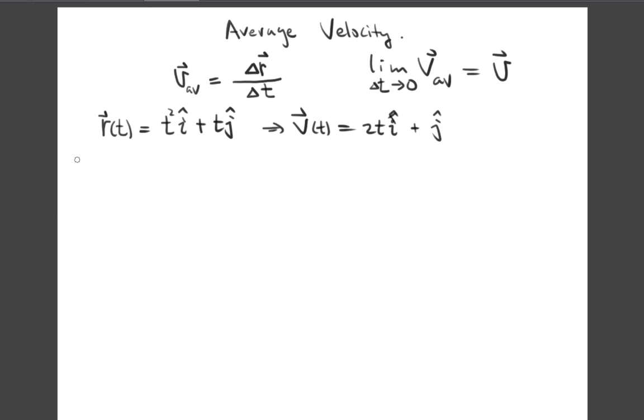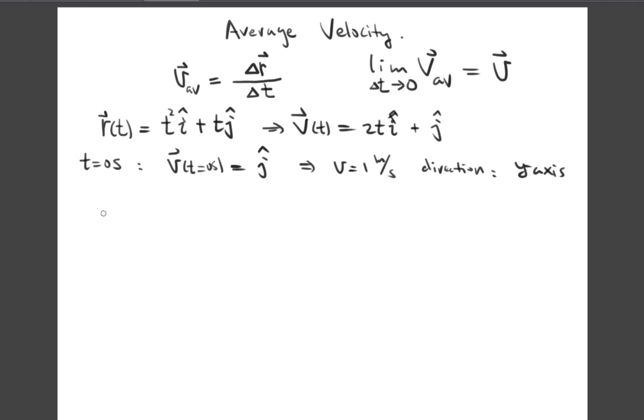And let's also look at a point, let's say t equals 0 seconds. Then the instantaneous velocity at t equals 0 seconds is given by j hat. So its magnitude is going to be 1 meter per second, and its direction is along the y-axis.